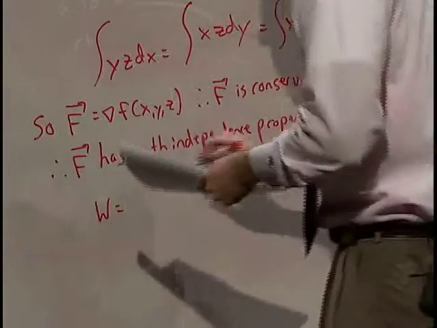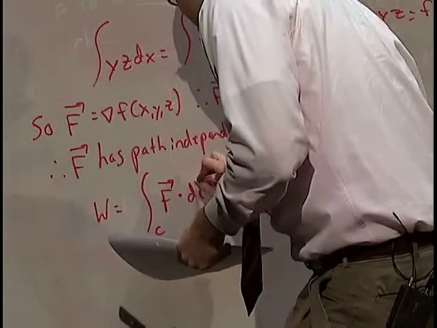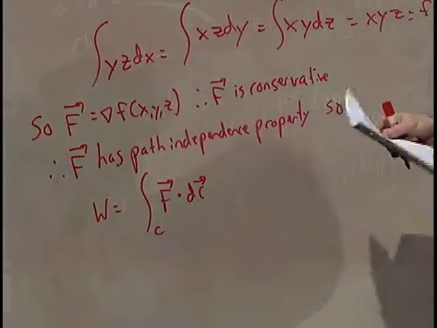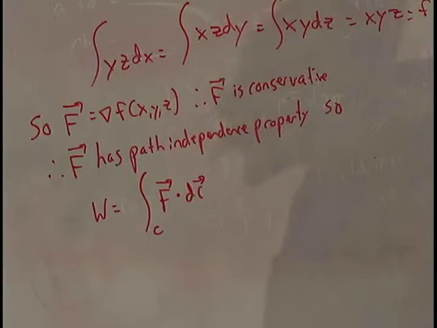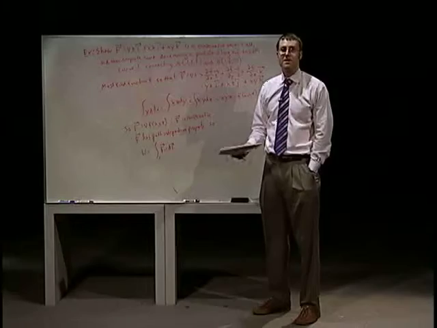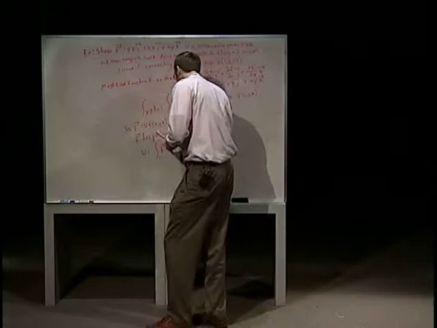It does not make a difference. So work is the integral over the smooth curve of F dot dr. All we care about is that this is conservative, so all that matters to us is the endpoints. It doesn't matter what method we took to get there.